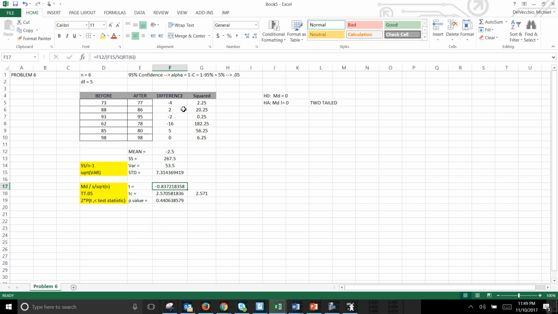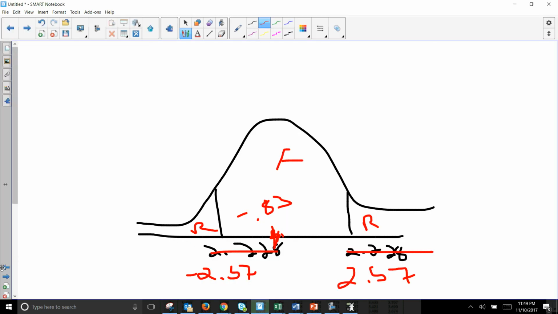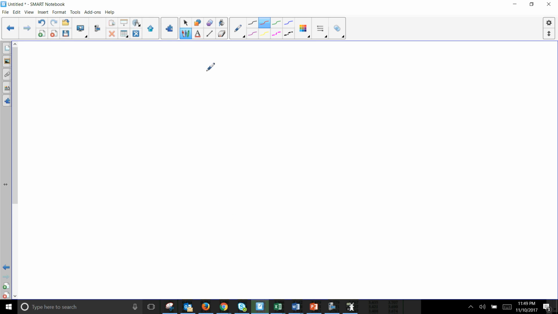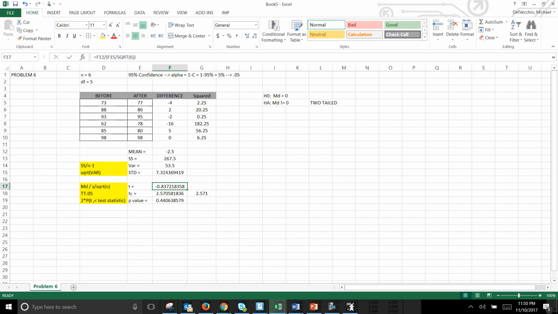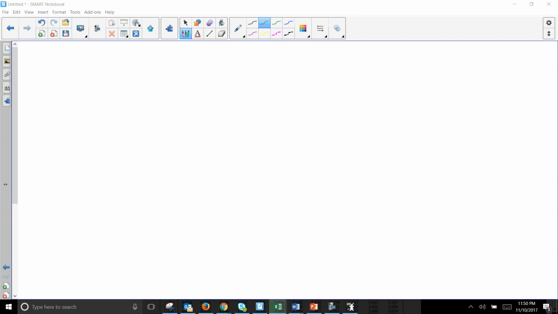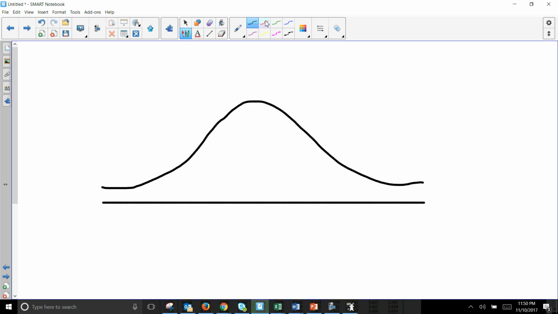So let's take a look at what this looks like. Let's get a new page here. Okay, so we have this t-distribution, and we had some critical values of, let's say, negative 2.57 and 2.57.